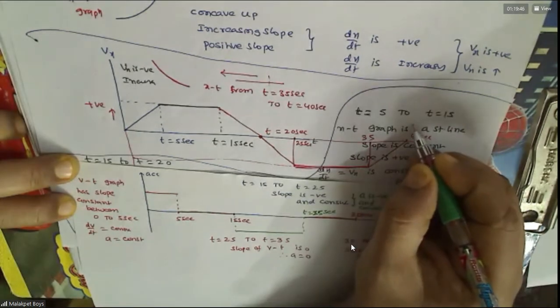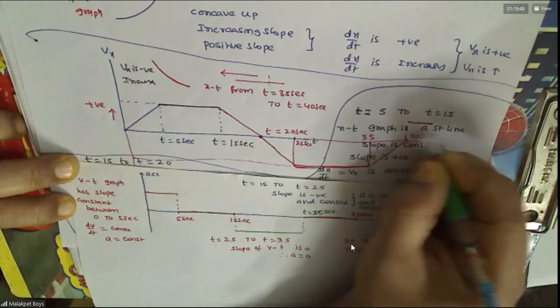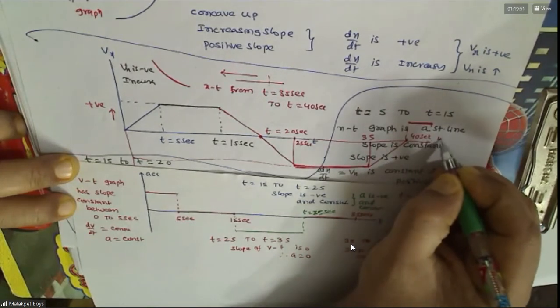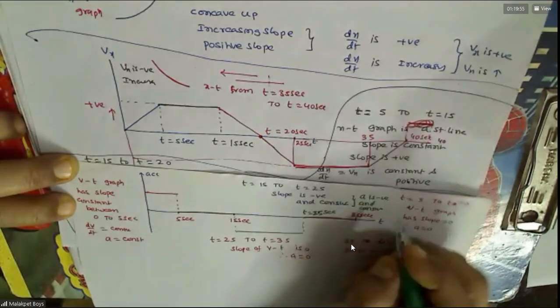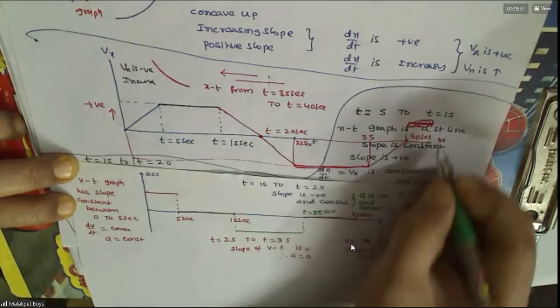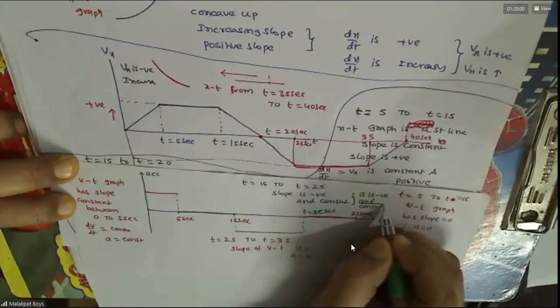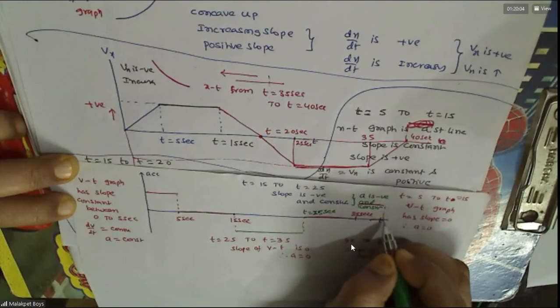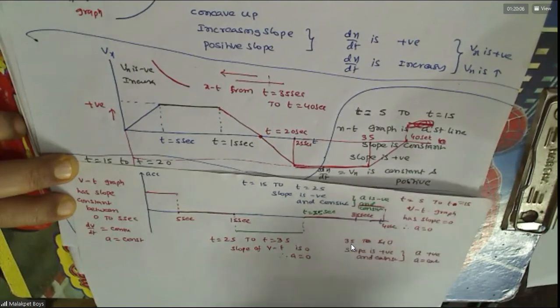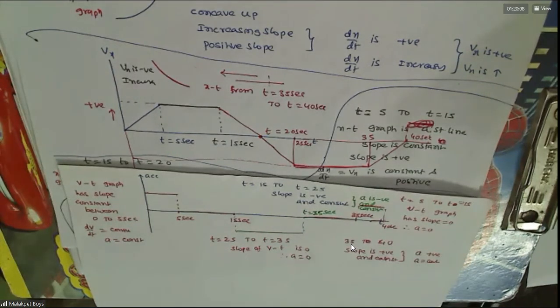That means the graph will again be like this, up to 40. You're able to analyze this whole story. See, from xt to vt, from vt to at, how to construct graphs.